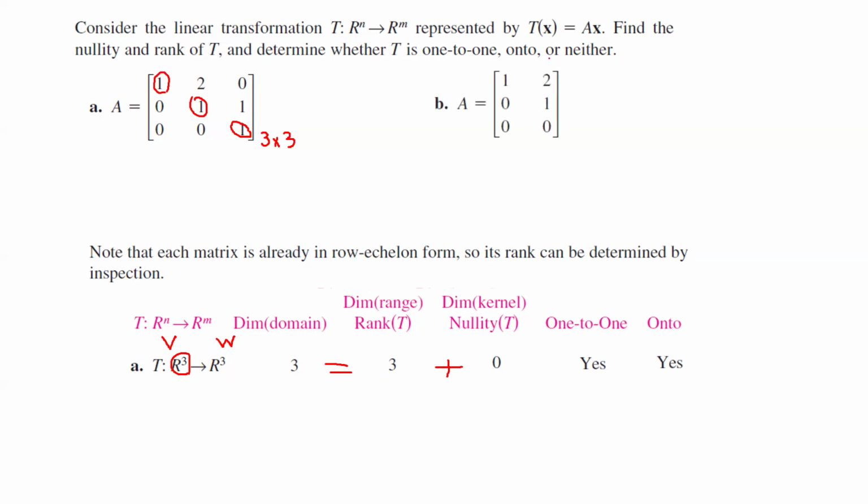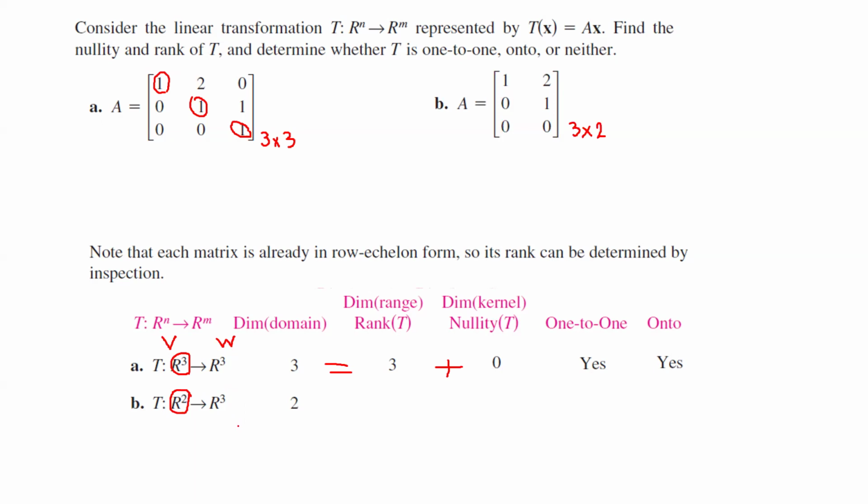The second matrix, here you have a 3 by 2 matrix. So if you want to represent a linear transformation, it maps R2 to R3, everybody. So take a look at V. The domain is the plane, and the codomain is the space.